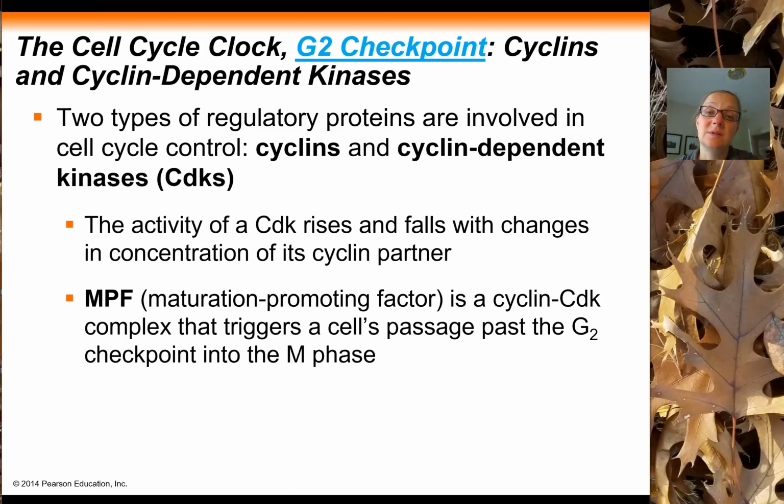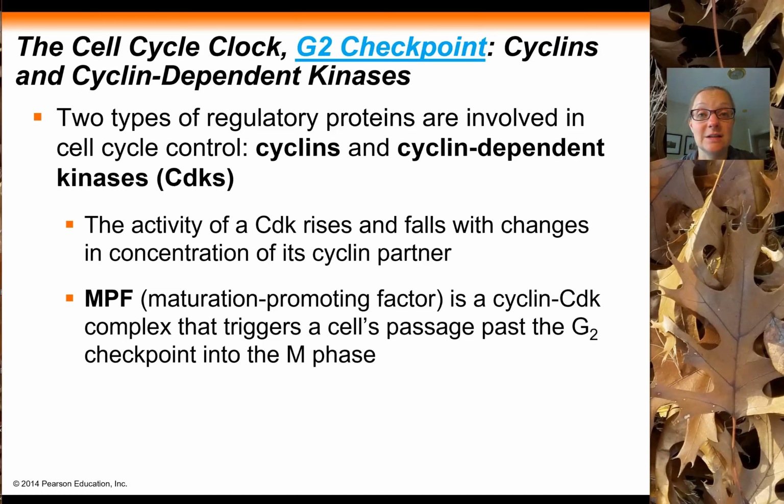Now, there are lots of different cyclins and cyclin-dependent kinases, or CDKs, but there's one important pair that's called MPF, or the maturation promoting factor, which helps to regulate this G2 checkpoint. If the maturation promoting factor is present and active, then the cell can effectively leave interphase, G2, and enter active mitosis in the mitotic phase.